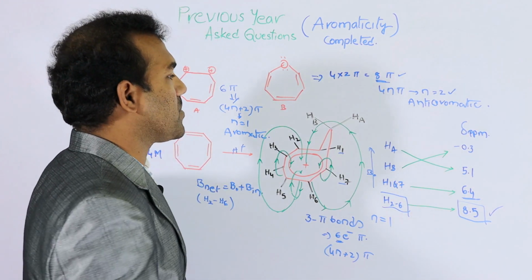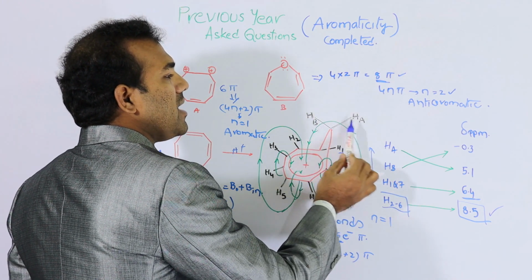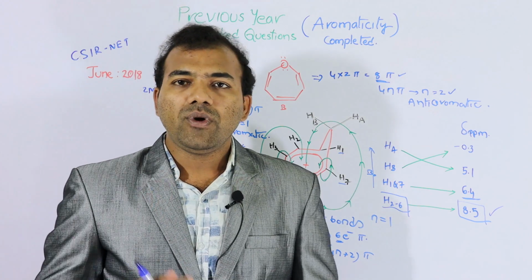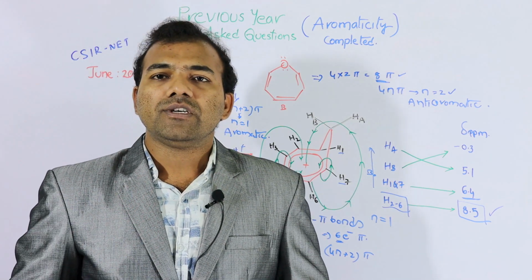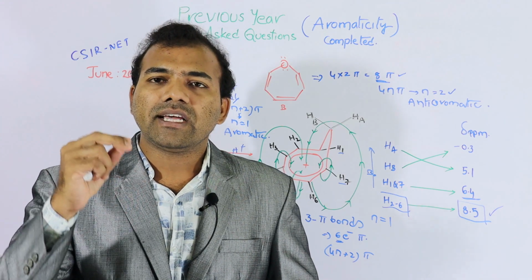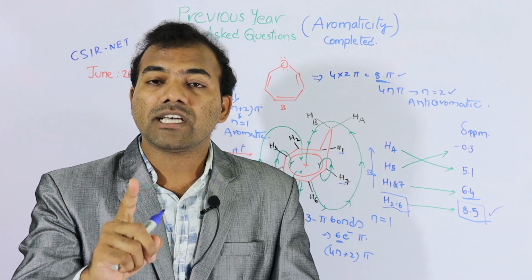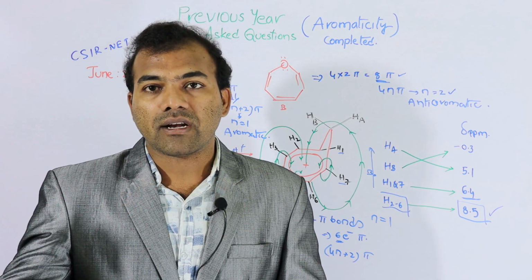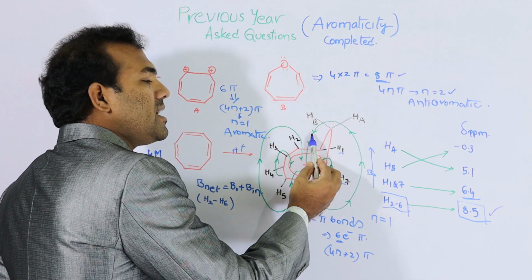Okay, next. Now let us check these two hydrogen atoms' chemical shift values. If you observe, Hb is oriented inside the ring, so there is a diamagnetic current inside the ring and it is in the region of induced magnetic field, but that induced magnetic field is opposite to the external magnetic field. I have already shown it in the green lines.